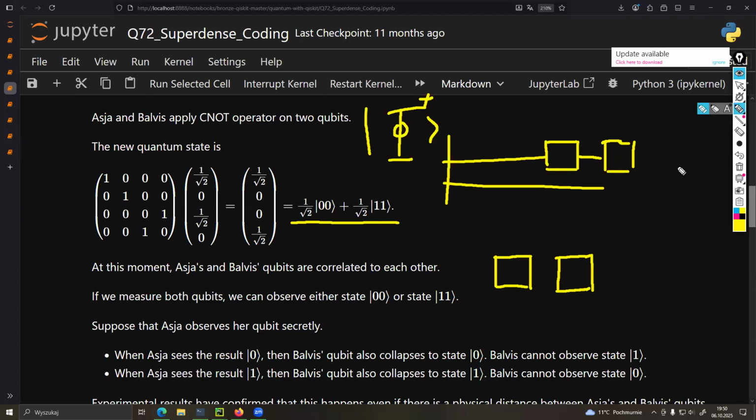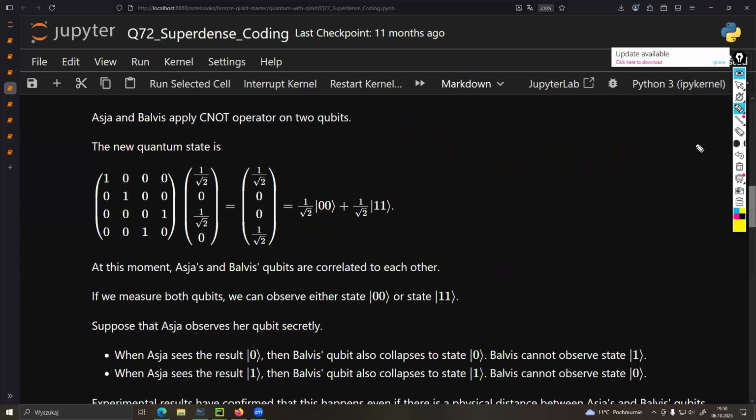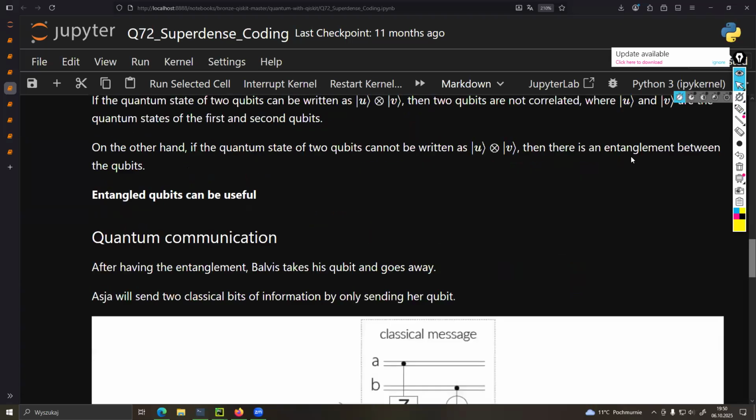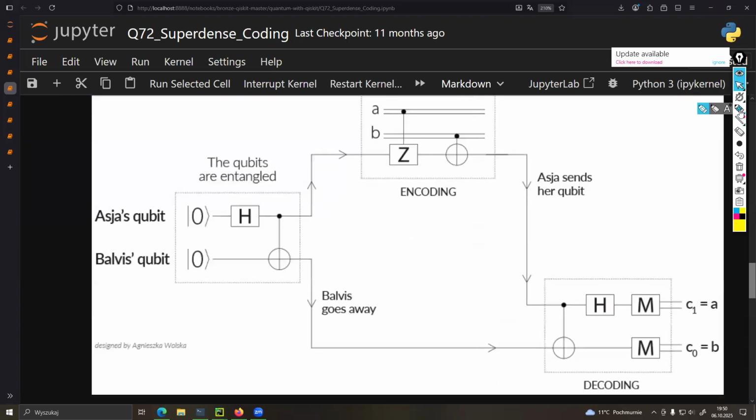So we would apply two operations: either conditional Z, which we didn't talk about yet, and conditional X. These conditional X and conditional Z are actually single gates.